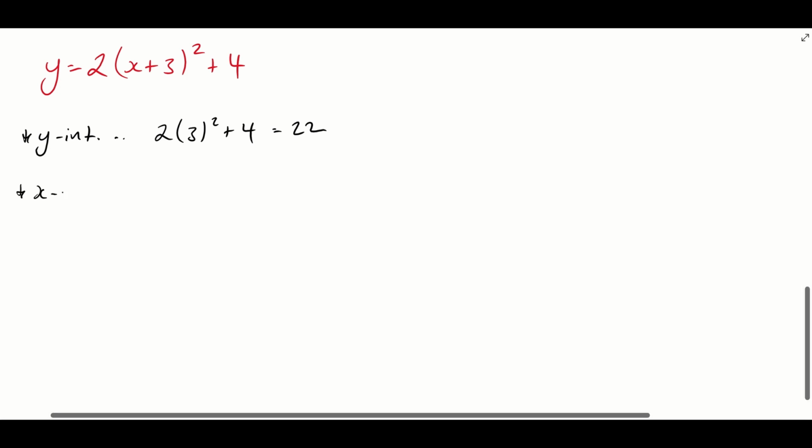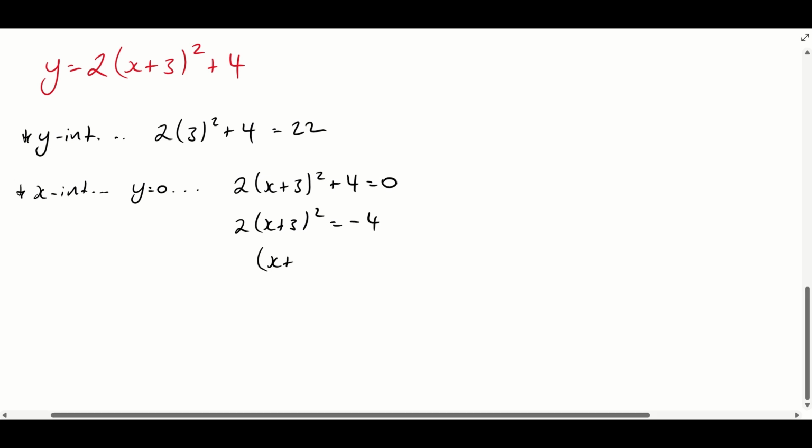The x-intercept, remember, is when y is equal to 0. So when our equation here is equal to 0, 2 times x plus 3 squared must be minus 4. So when I divide both sides by 2, x plus 3 squared must be minus 2.